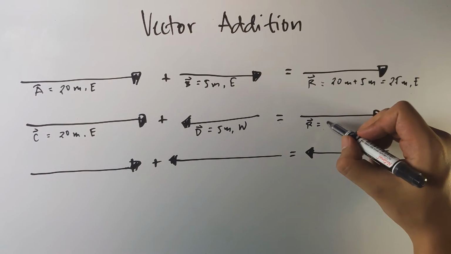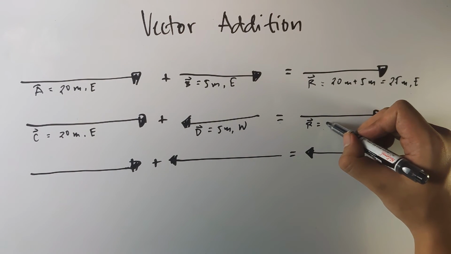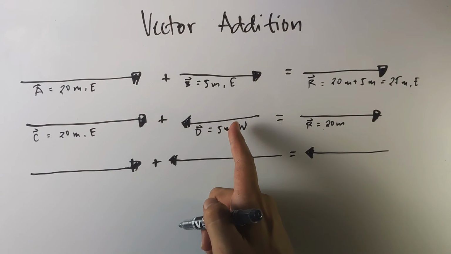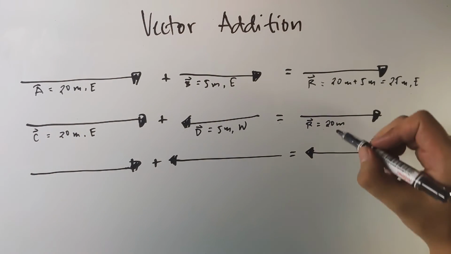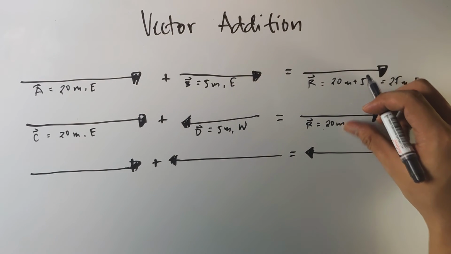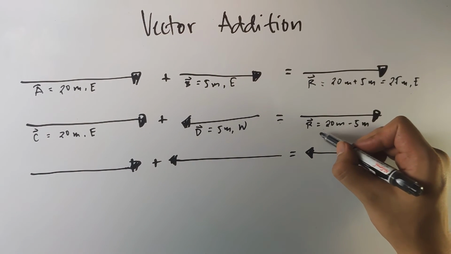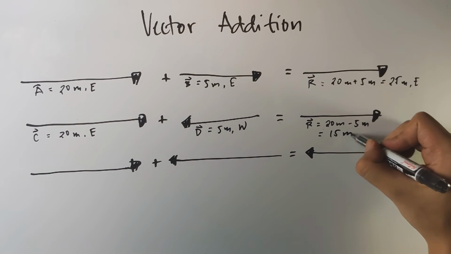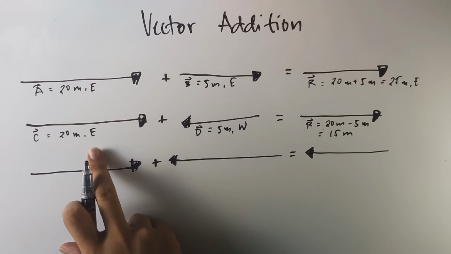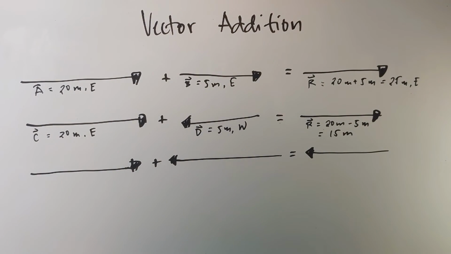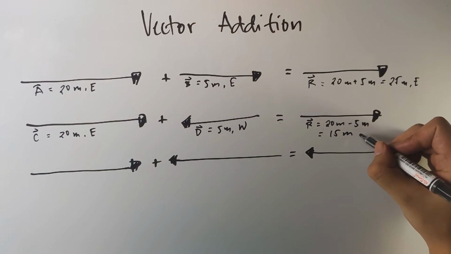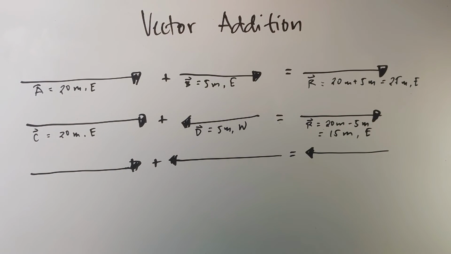This would be 20 meters, and since this is going to the west, set that as negative. So your answer would be 15 meters, correct? And what would be the direction? You take the sign of the larger magnitude. In this case, that's 20 meters, which is going to the east. So you set that as east.